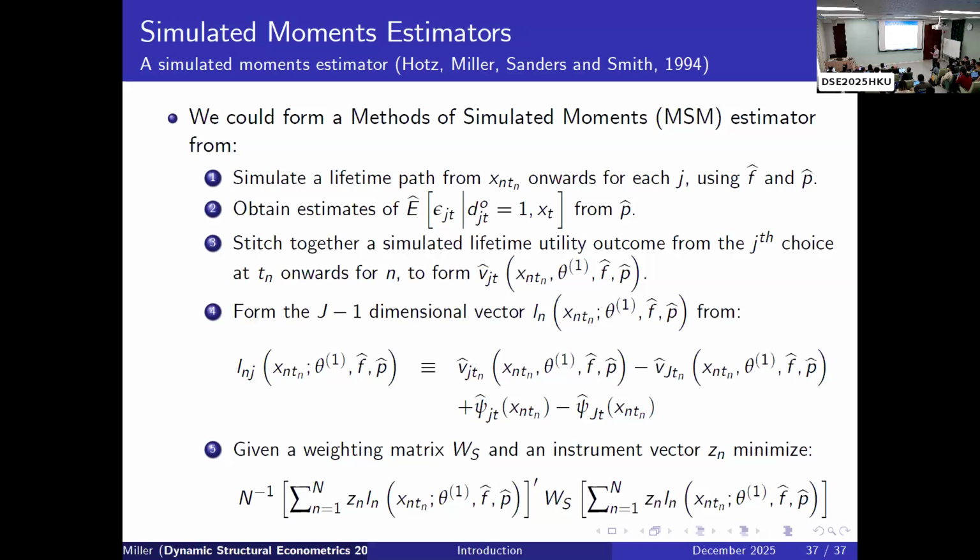Go from there with an instrument vector. And you would find in this situation as well that if utilities are linear, well, then this also has a closed form solution. The first one, the quasi-maximum likelihood, is not closed form, but it's just logit. So you're still talking about a concave objective function here, fairly straightforward to get to.